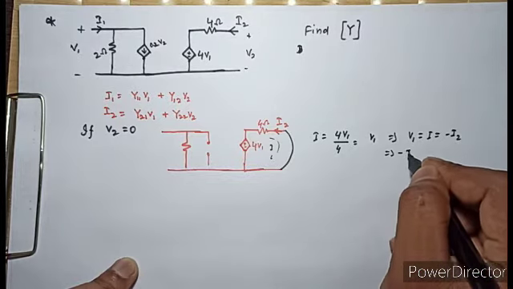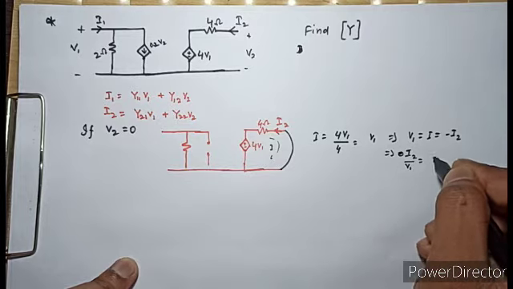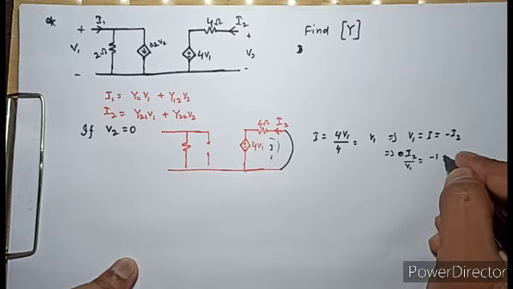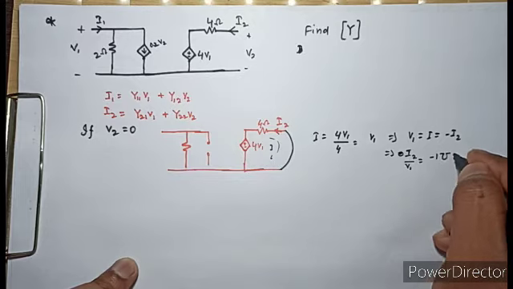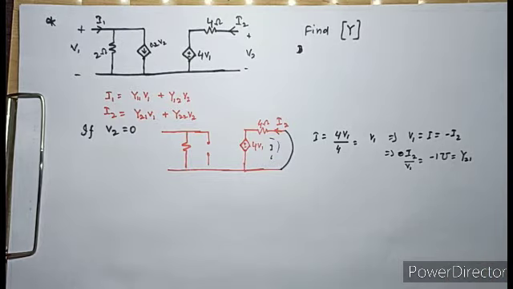So I2 by V1 is equal to minus 1, and this is nothing but our Y21, right?